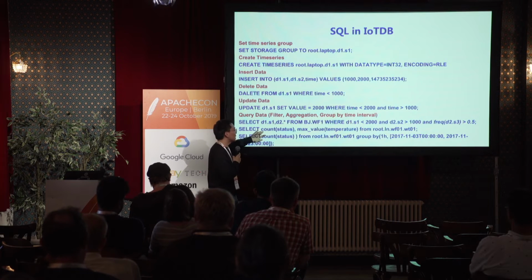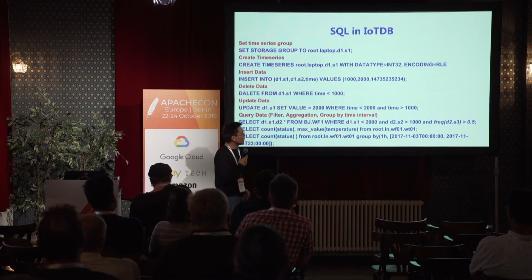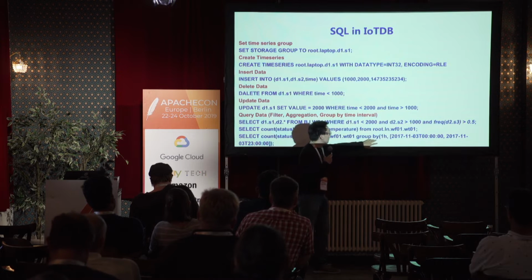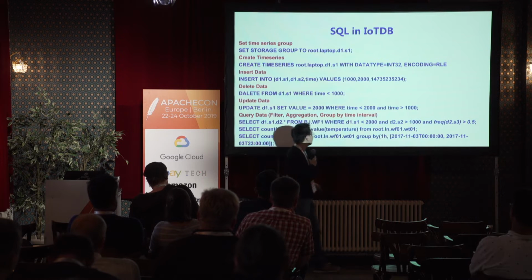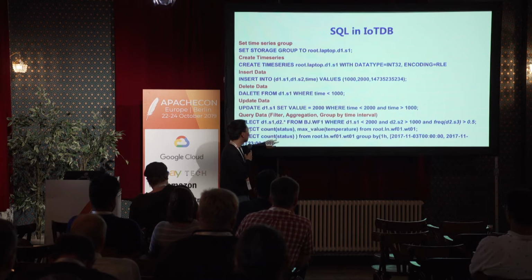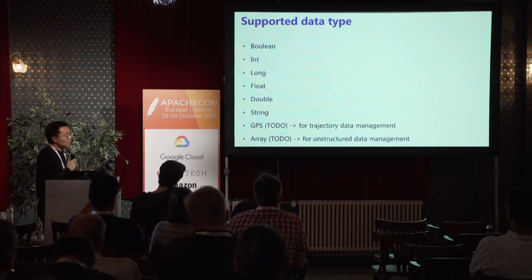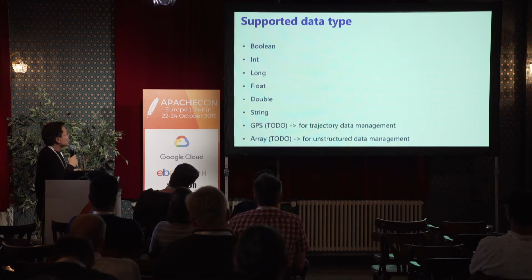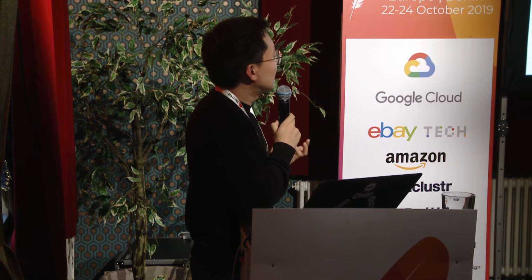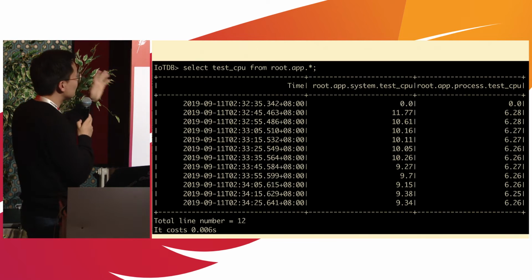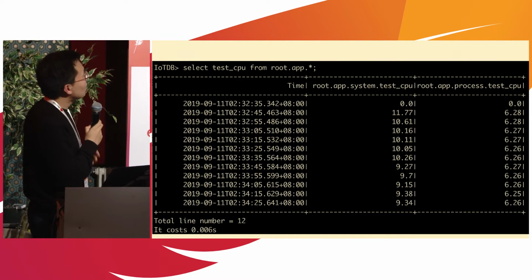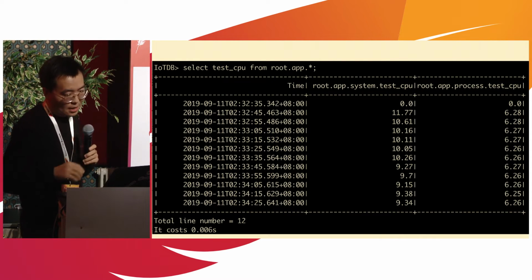And aggregation operations, and this is a downsampling application where you can downsample data by each hour and just get its count value or max value or some others. Now IoTDB supports basic data types, and we may support some complex data types, for example, GPS or array, to support more applications. And this is the printed result from our command line.